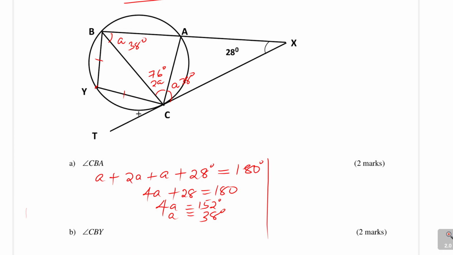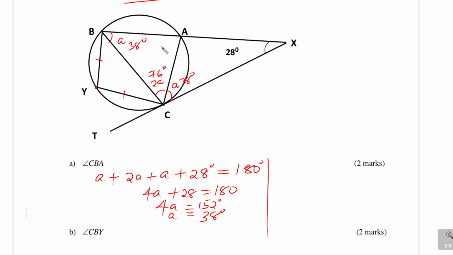Look at this straight line that is here. The sum of angles here, I can be able to get that. But before that, there is still another angle I can get, considering this triangle ABC, where this is 38 and this one is 76. The sum of angles in a triangle again is equal to 180.